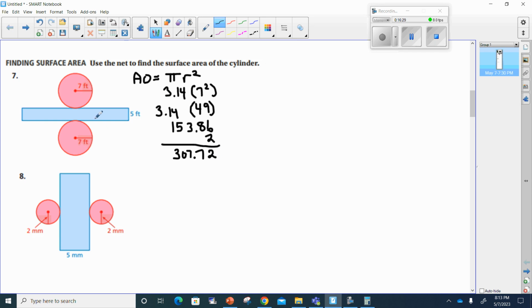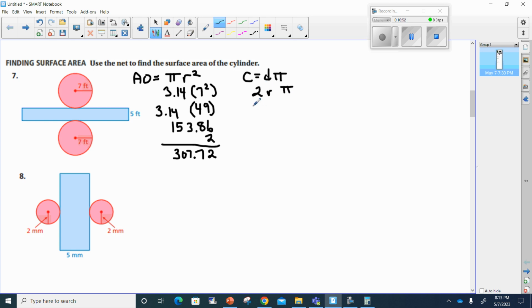All right, now that we found that, we need to find the rectangle. Once again, we have the width, we need the length, and luckily the length can be found by using the circumference formula, which is diameter times pi. Since the diameter is 2 radiuses, I can rewrite this as 2 radiuses times pi.